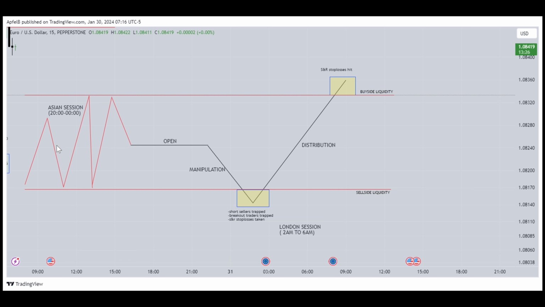This is our Asian session, and normally the Asian session is typically a consolidation where the market engineers liquidity above and below the marketplace.